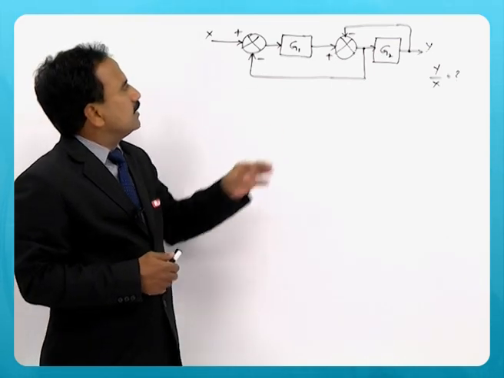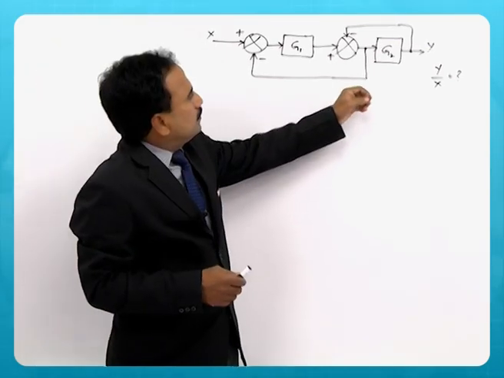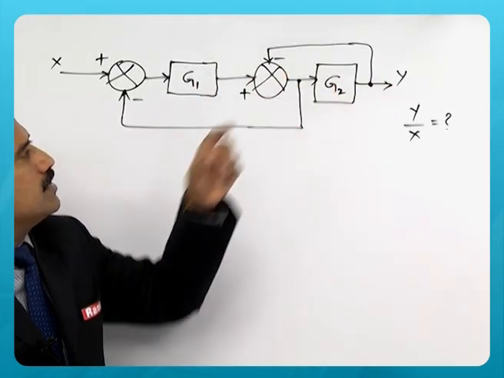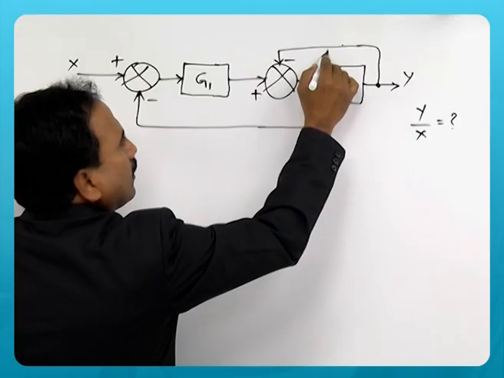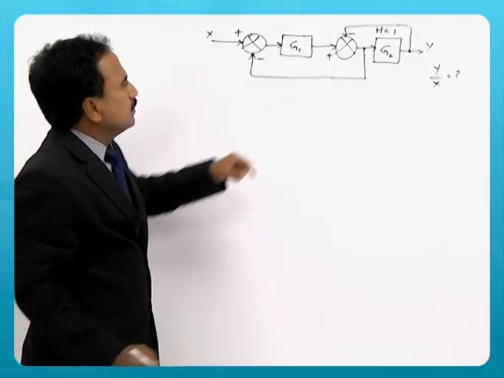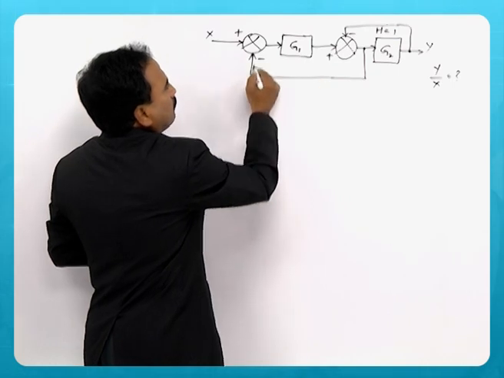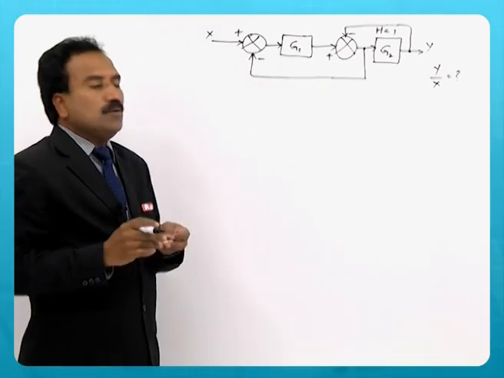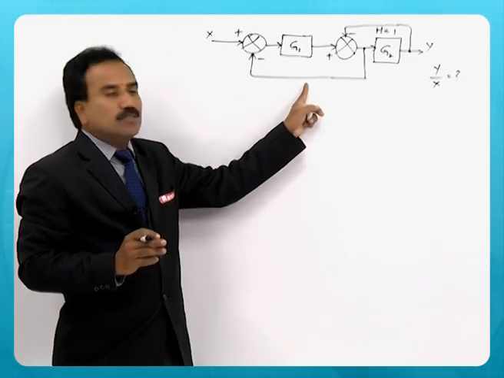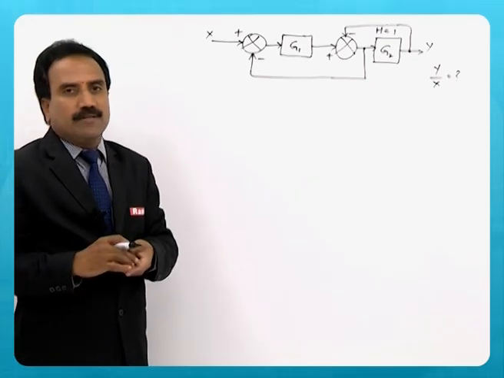I say that it is a complex block diagram. When you see this G2 block with this feedback here, the value of H is 1, and this is also a unity feedback control system. There is no component or block in the feedback path, so we say that it is a unity feedback.